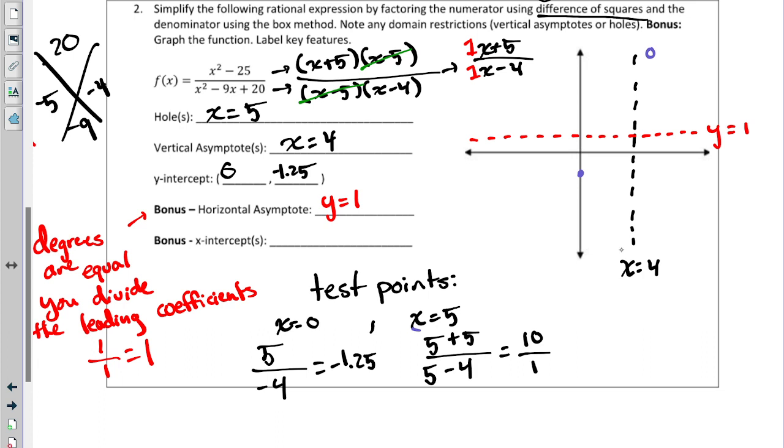So I know that my line is going to go infinitely close to this vertical asymptote. It's got to swoop through my y-intercept, hit somewhere across the x-axis, which we'll find in a second, and then go infinitely close to this horizontal asymptote. That looks so bad, I'm not going to lie. All right, let me try again. That's not better. Okay, let me try one more time.